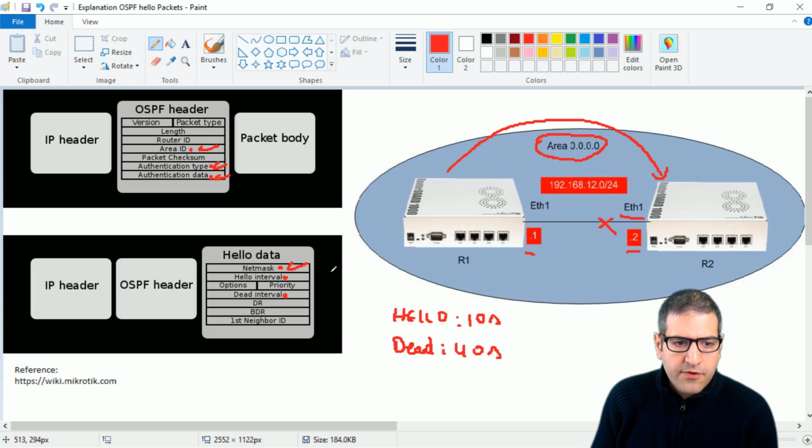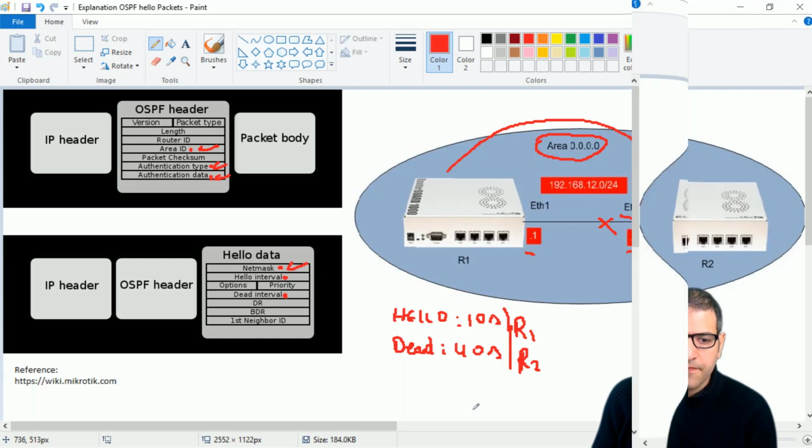So what is important for us here is that for the neighborship to be formed between router 1 and router 2, the hello interval and the dead interval should match on router 1 and on router 2. For example, if you have on router 2 a dead interval of 50 instead of 40, then in this case you will not have a neighborship between the two routers.